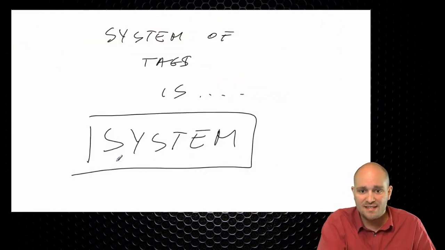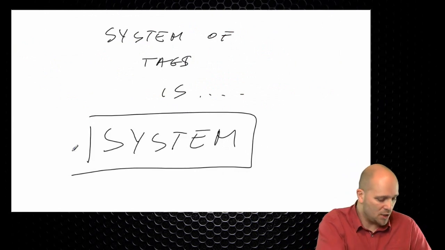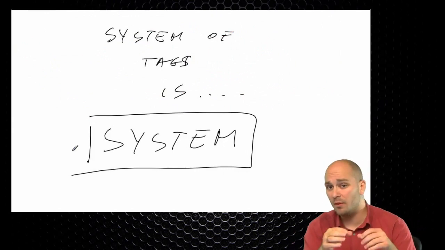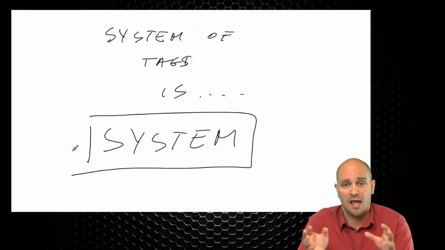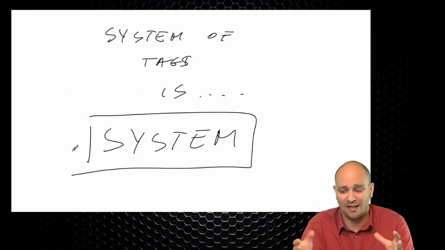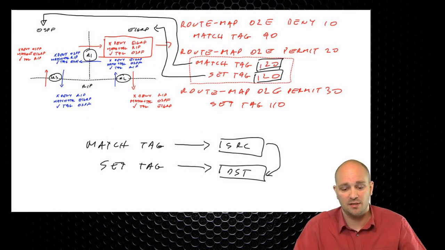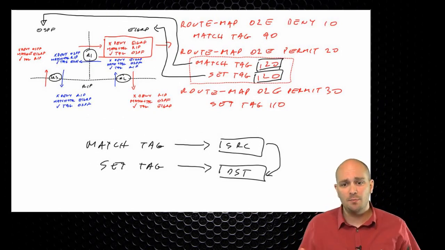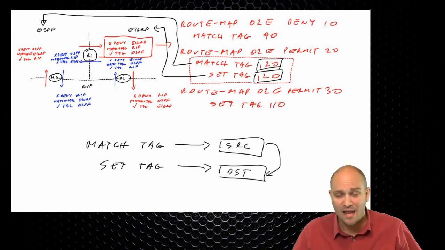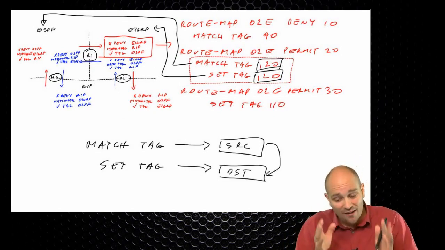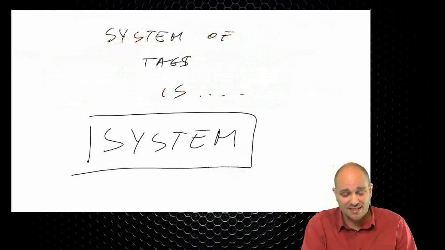It's the whole system that prevents the loops. So if you listened to my advice and enabled debug ip routing before going into redistribution, then when you start redistributing with a logic like this, your debug ip routing is going to go absolutely crazy.